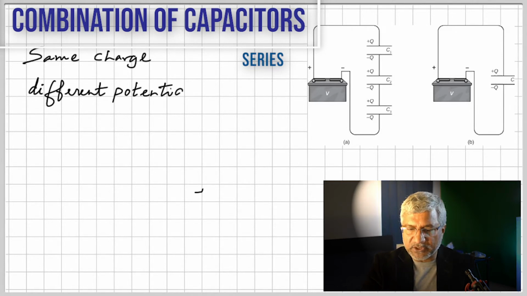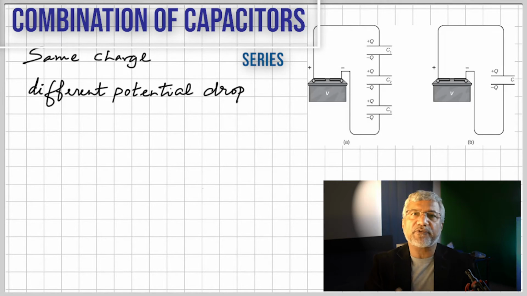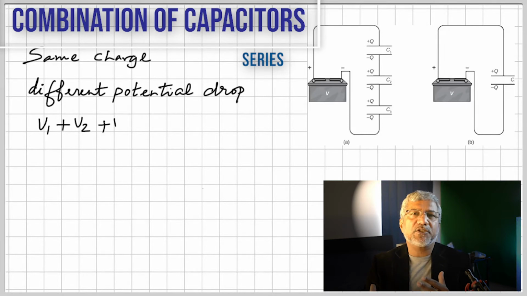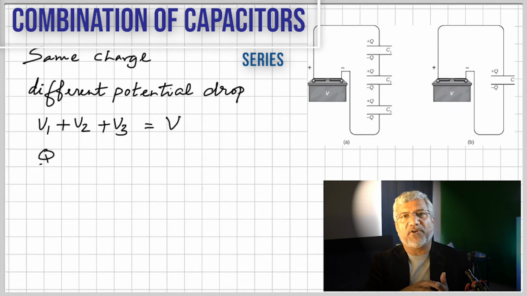So the voltage across each one will be different, but when you add the three voltages, it should add up to the total voltage of the source. So when capacitors are connected in series, the charges are the same, but the voltages are different, and the voltages add up to give you the voltage provided by the battery. That's what is written here.